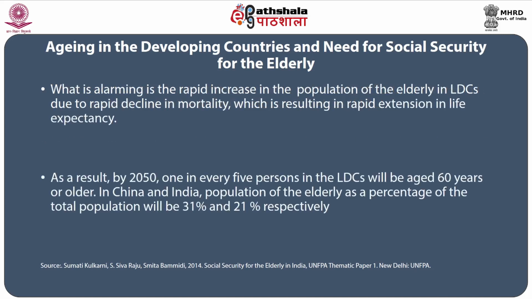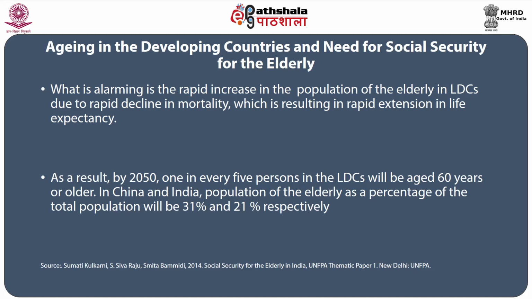What is alarming is the rapid increase in the population of the elderly in less developed countries due to a rapid decline in mortality, which is resulting in rapid extension of life expectancy. As a result, the projection shows that by 2050, 1 in every 5 persons in the less developed countries will be aged 60 years or older.